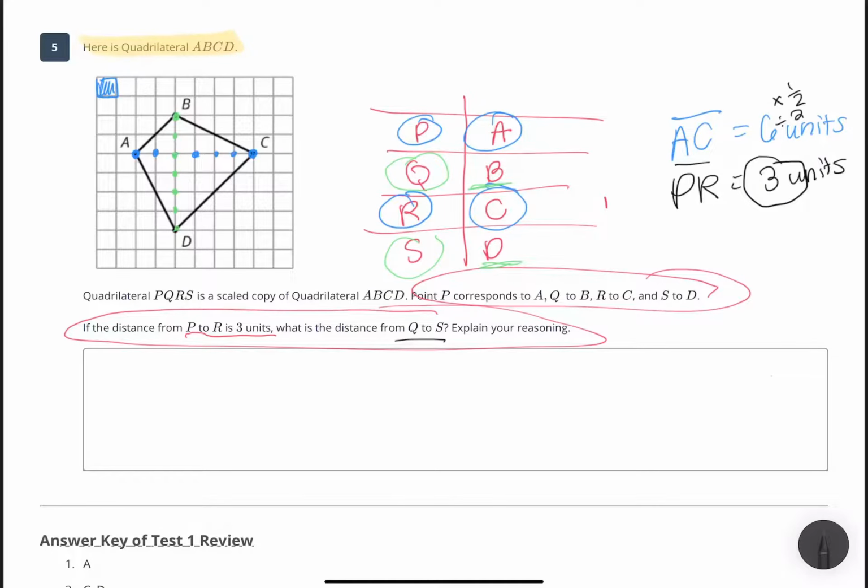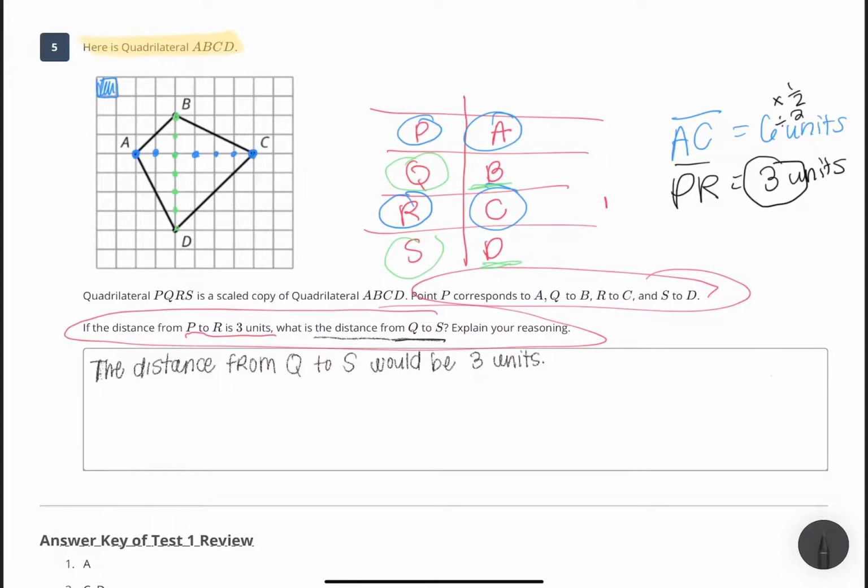They said, explain your reasoning. I'm using the end of the question as a writing prompt. So I could put: the distance from Q to S would be 3 units. How do you know it's 3 units?